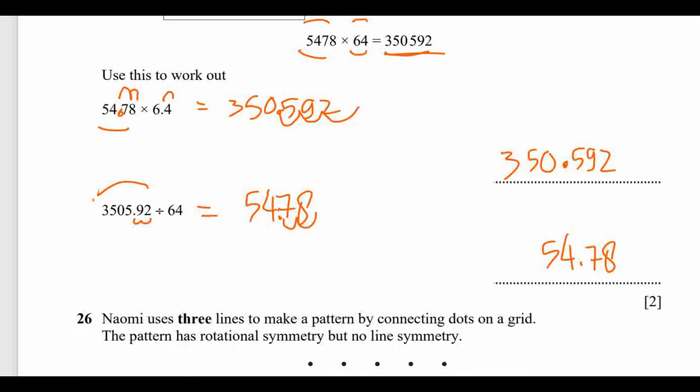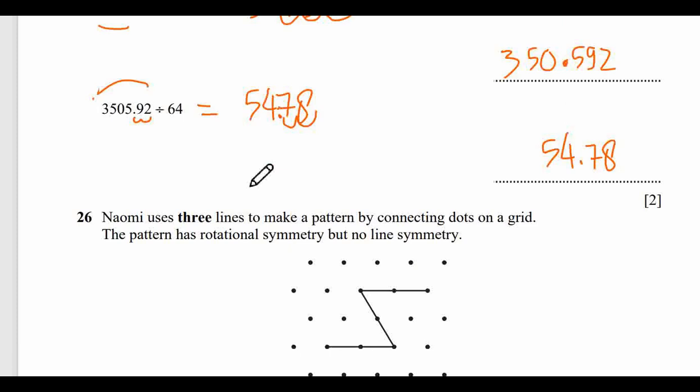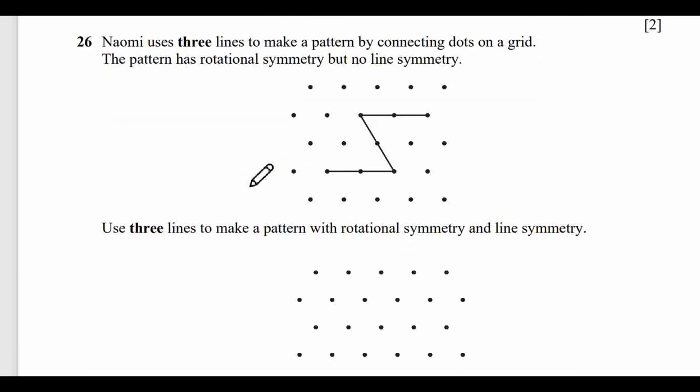Next, you see question 26. Now we use 3 lines to make a pattern by connecting dots on a grid. The pattern has rotational symmetry but no line symmetry, so it can rotate but has no line of symmetry. Use 3 lines to make a pattern with rotational symmetry and line symmetry.